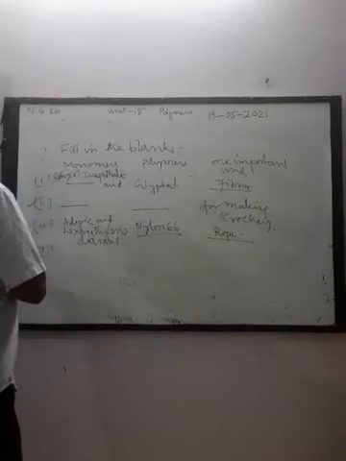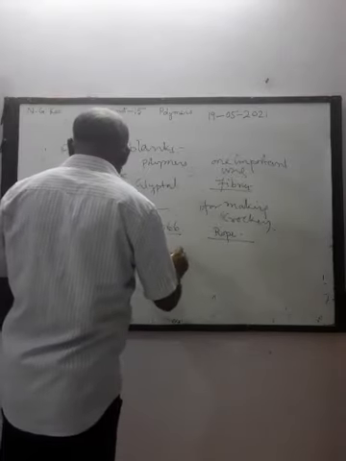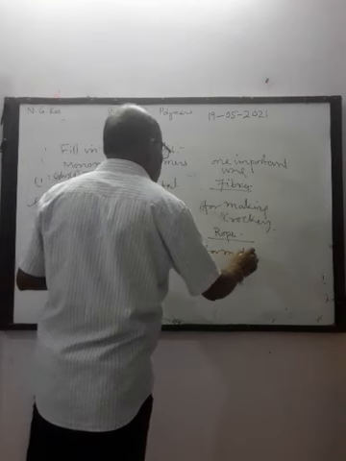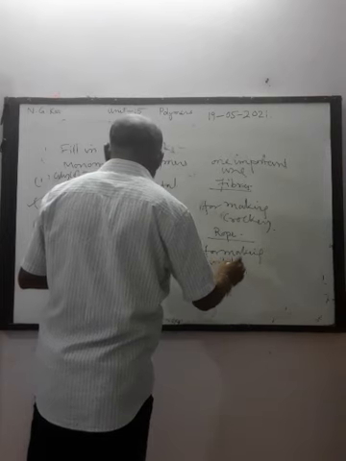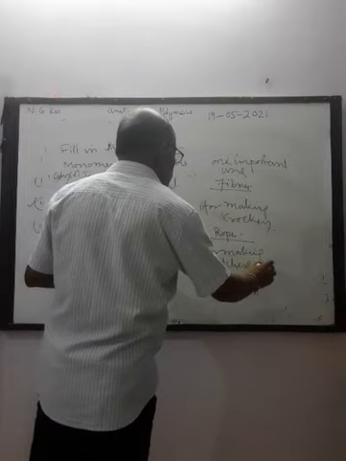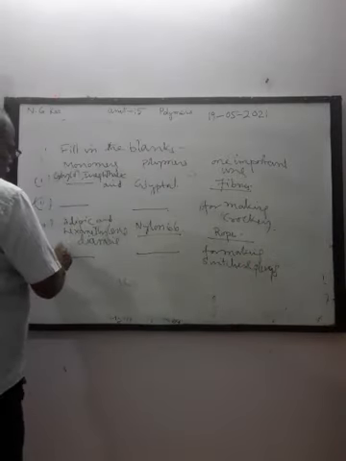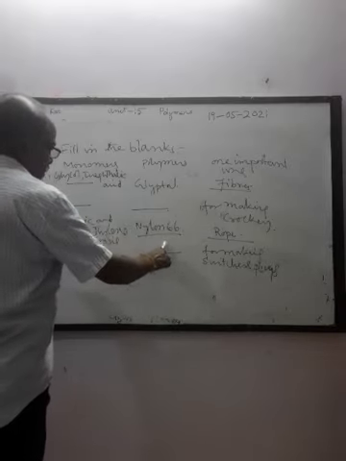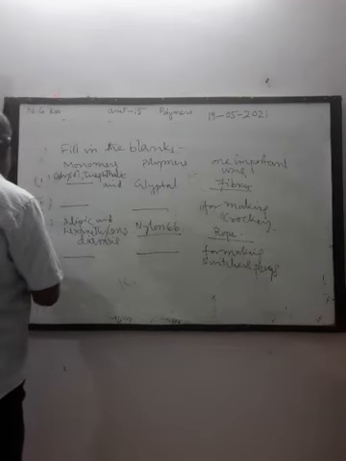Next one, the monomers are phenol and formaldehyde, and the polymer is bakelite, and it is used for making switches and plugs.